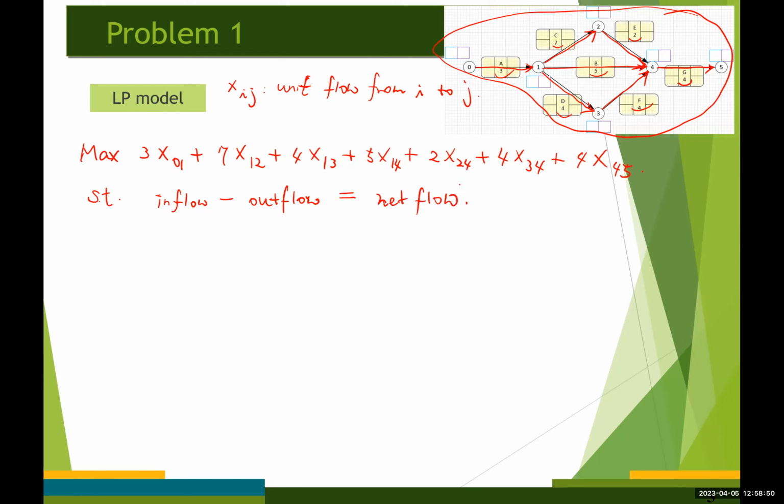Okay. So if we are considering the supply node, then the net flow amount becomes a negative value. On the other hand, if you are considering the demand node, so in our case, the finishing node, that's going to be the demanding node, then the net flow value is going to be positive. And all the other nodes, that's going to be 0 value, right? Okay, so let's do that.